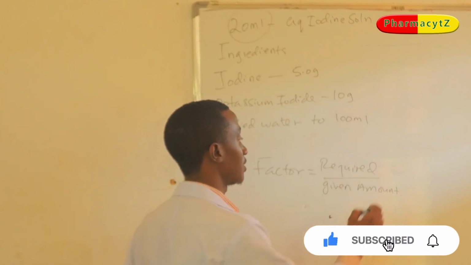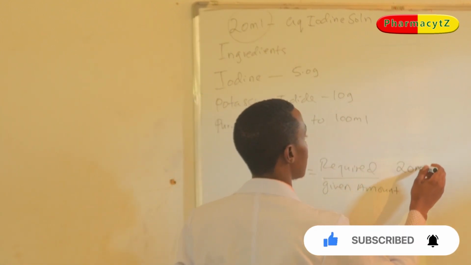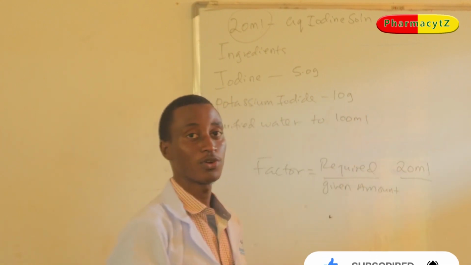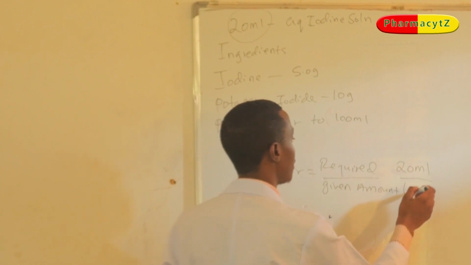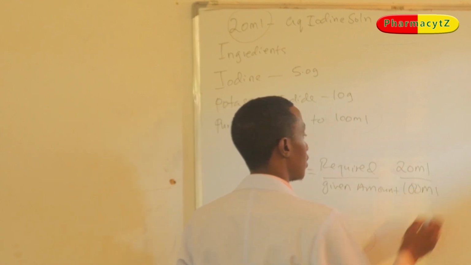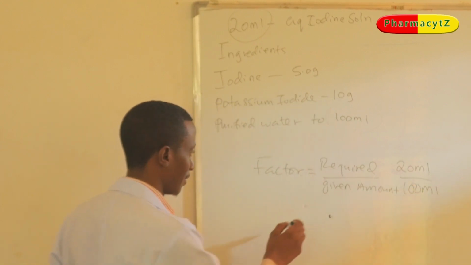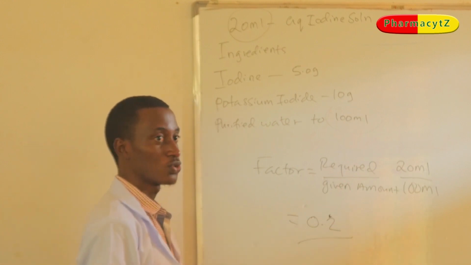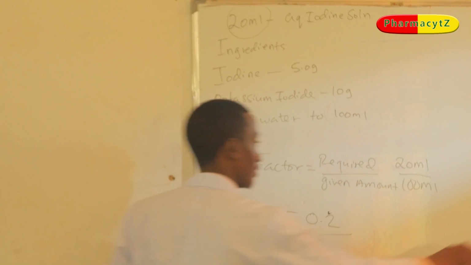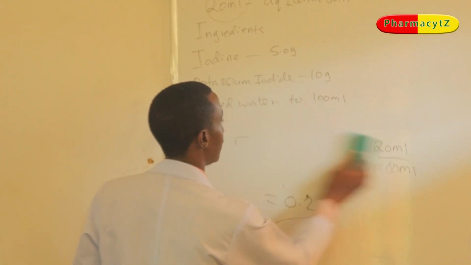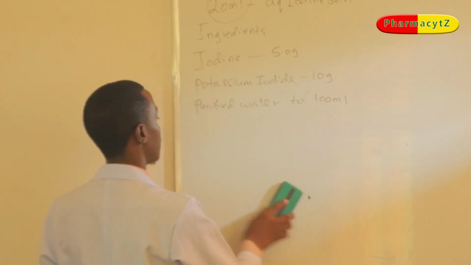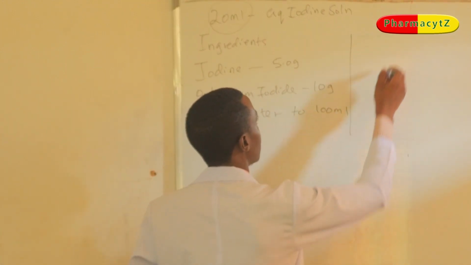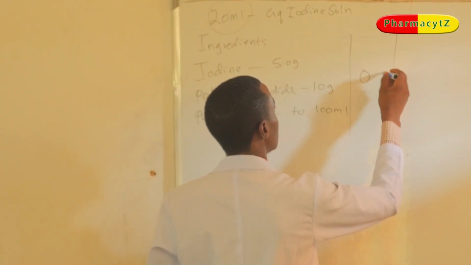You need to make 20 ml, and the total amount given in the official formula is 100 ml. After dividing, you get 0.2. So 0.2 is our factor.